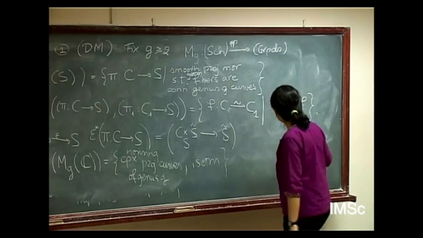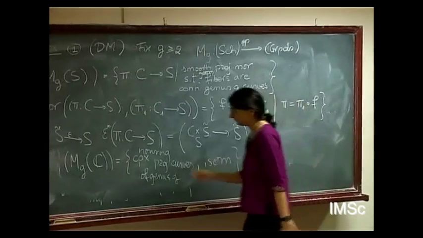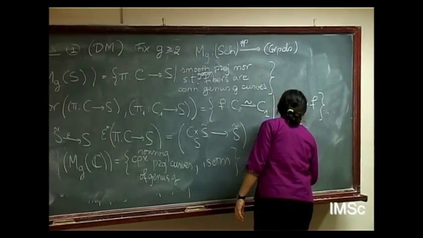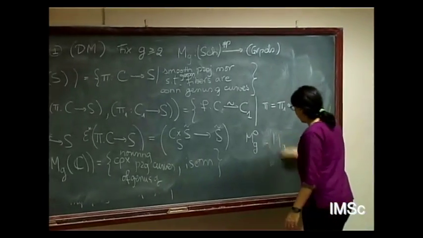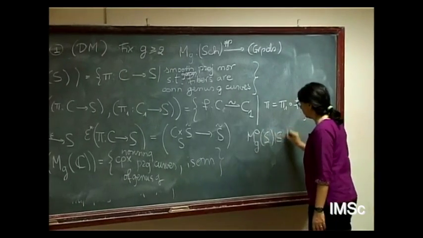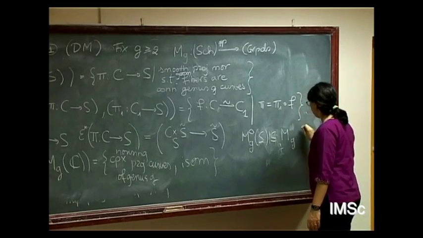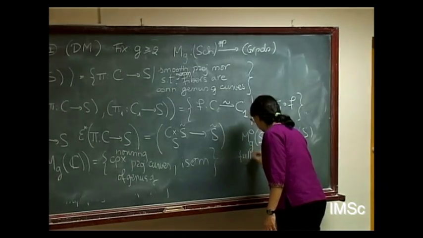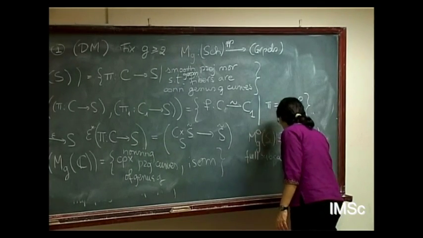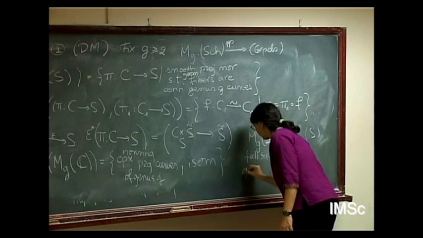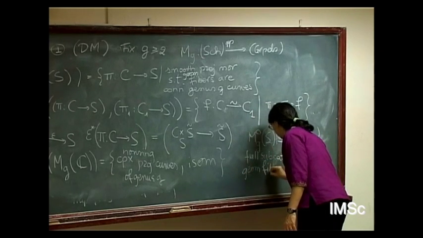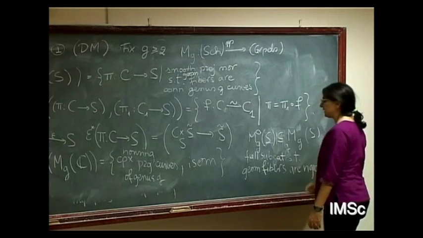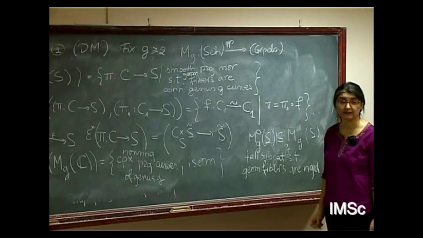But of course, you can also consider M0g inside Mg to be, so for any S, you let M0g of S be the full subcategory of Mg of S such that the geometric fibers are rigid, in the sense that their automorphism group is only the identity.